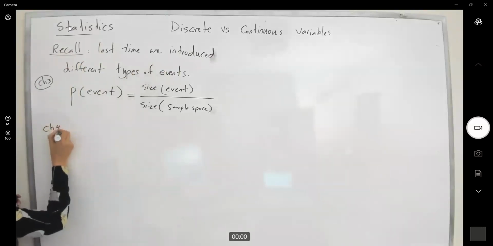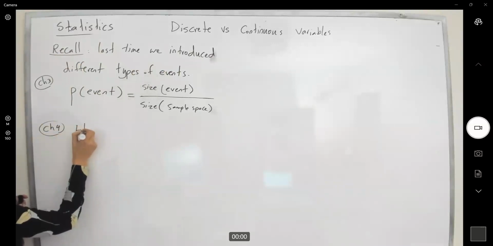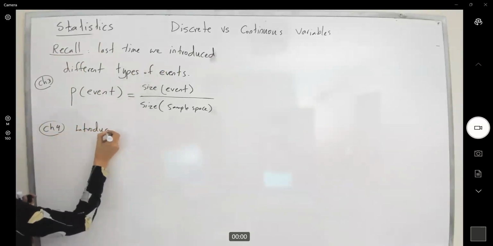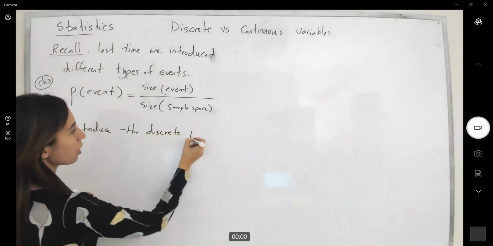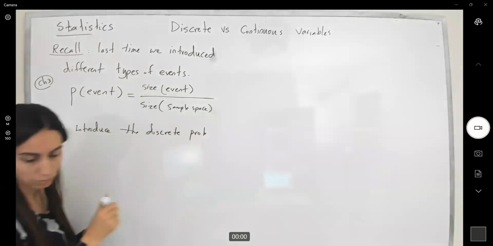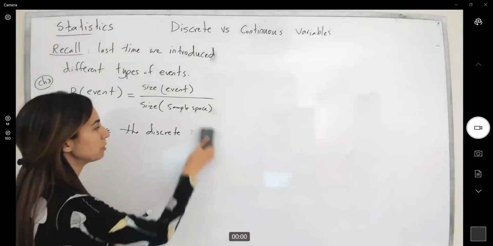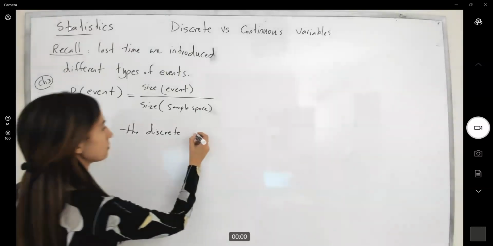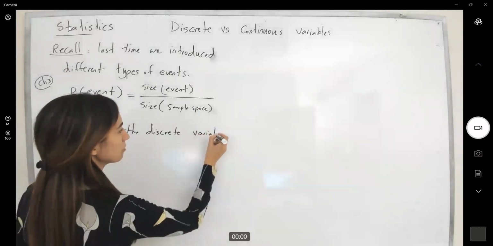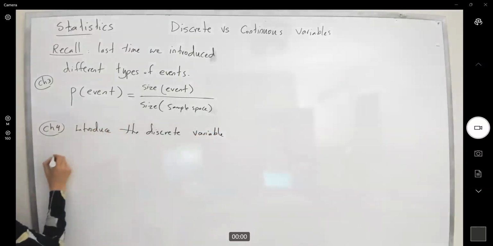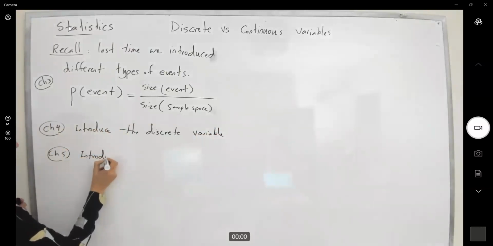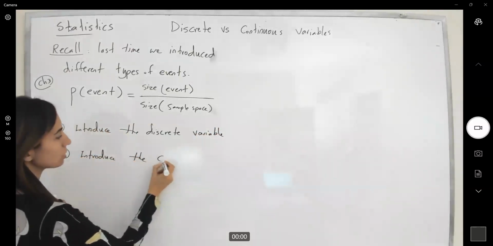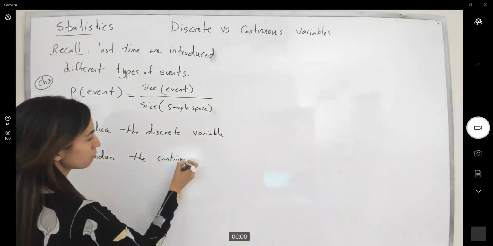In chapter 4, we're going to introduce the discrete variable, then discrete probability. Then in chapter 5, we're going to introduce the continuous variable, continuous probability.